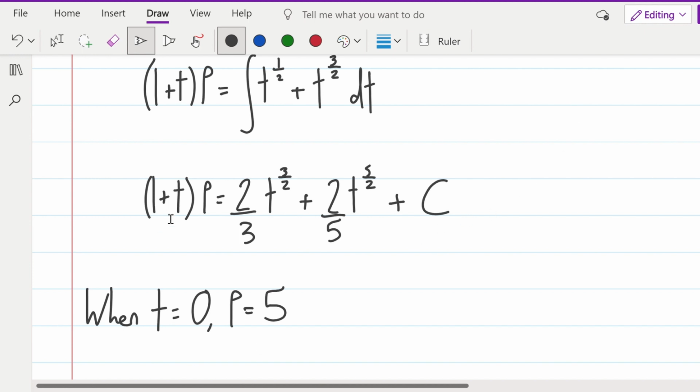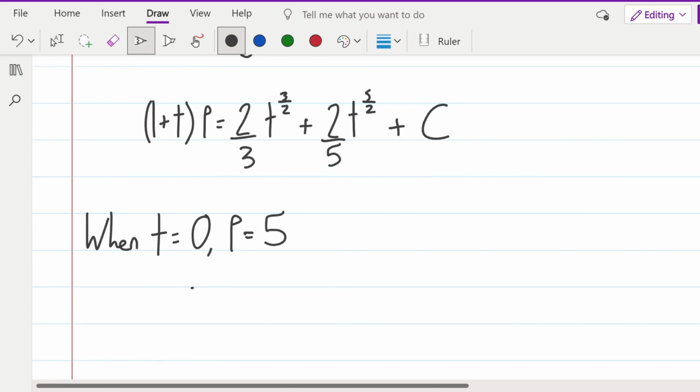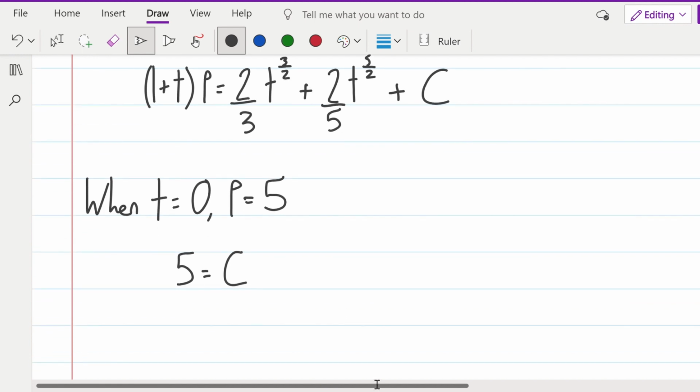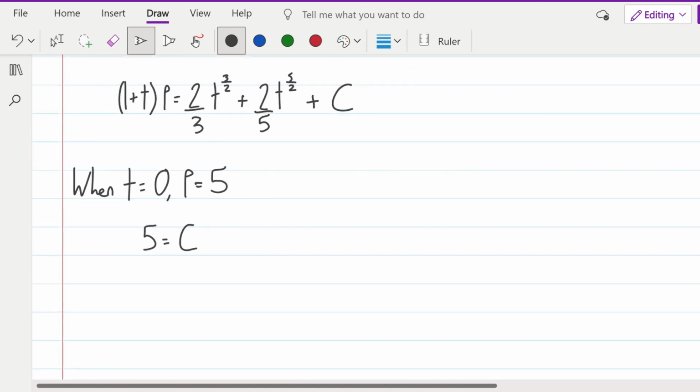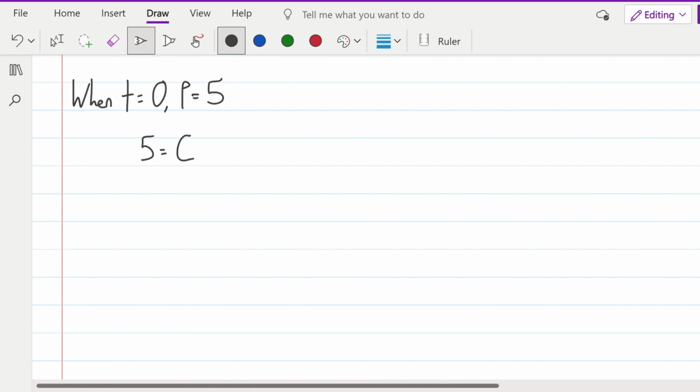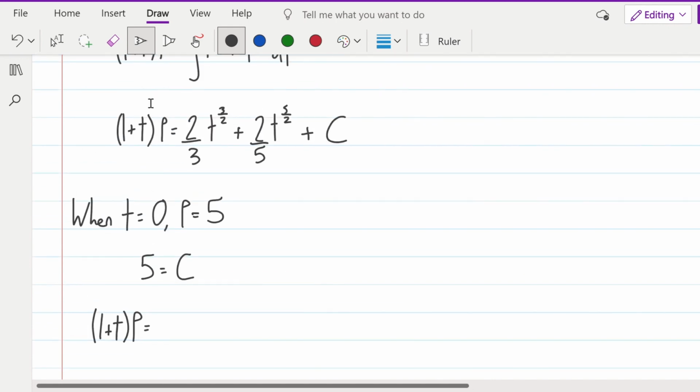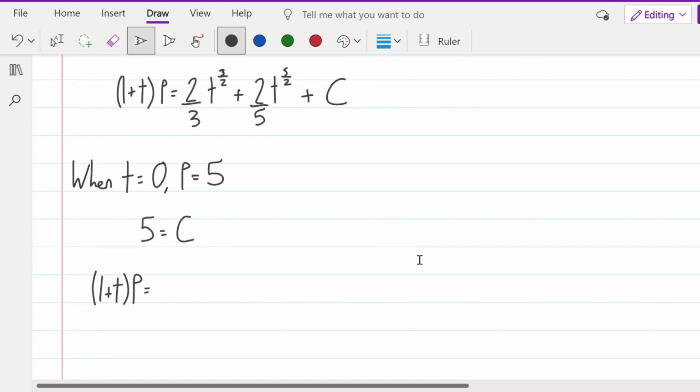Now obviously the 1 plus 0 will just be 1 times p, 5, so we just have 5 is equal to 0 times all of these will be 0, and then the c will be there, so 5 equals c. So very simply we've solved our equation as 1 plus t times p equals all of this plus 5. Now actually what I'm going to do is divide this whole thing by 1 plus t.